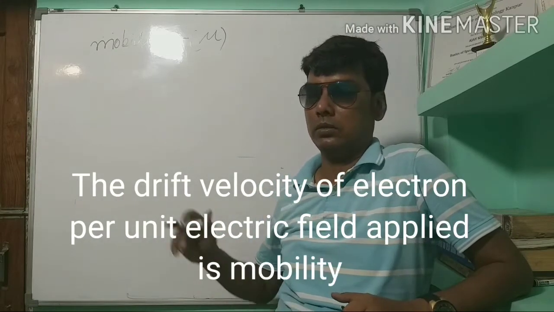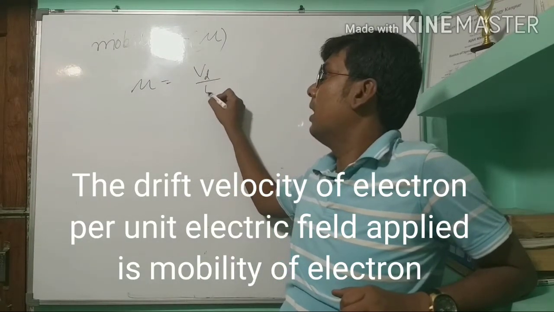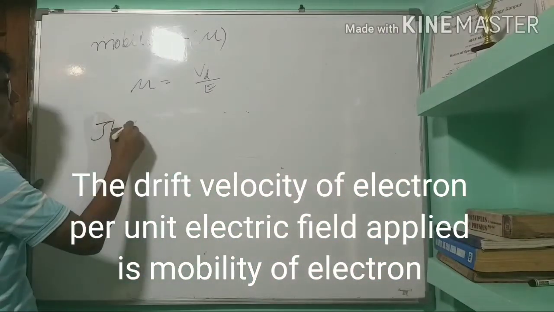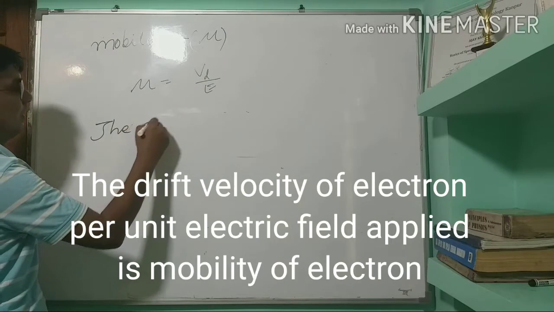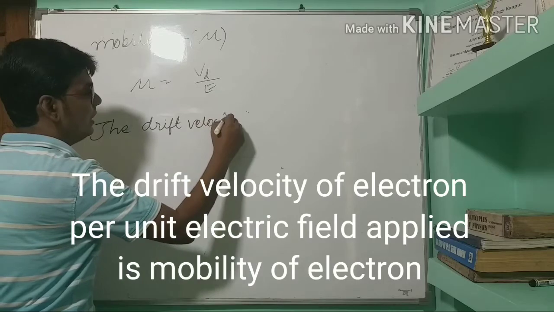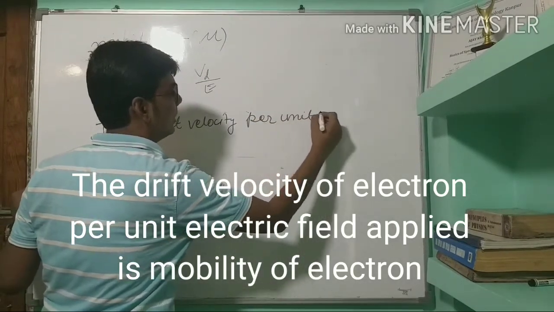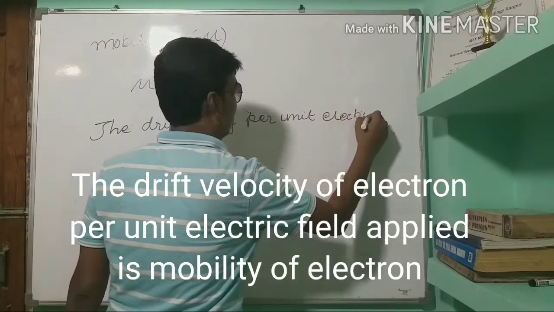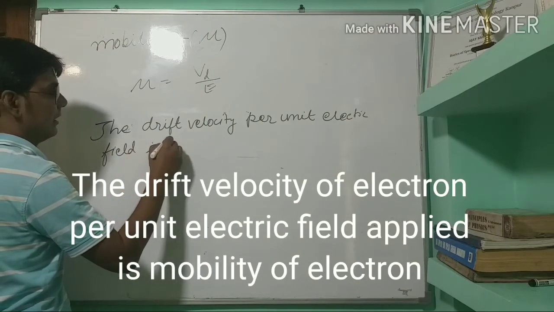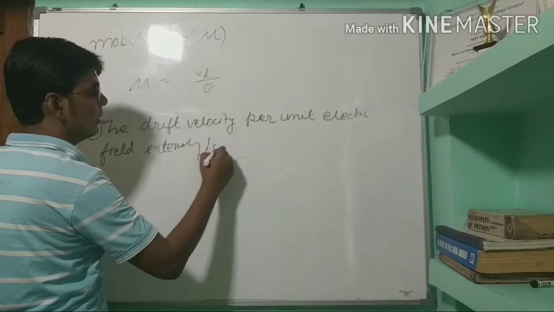Mobility is the drift velocity per unit electric field intensity, or the strength of the electric field.